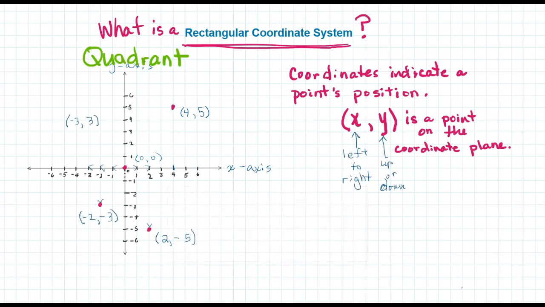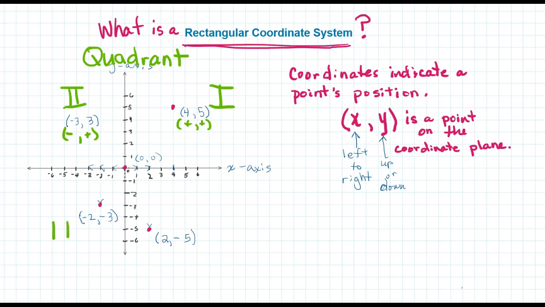So points that are located in the positive range, right? We had a positive coordinate for X and a positive coordinate for Y. These are in the first quadrant, or quadrant 1. Where there's a negative and then a positive coordinate, these are in the second quadrant. Okay, well, notice how we're going in that direction.